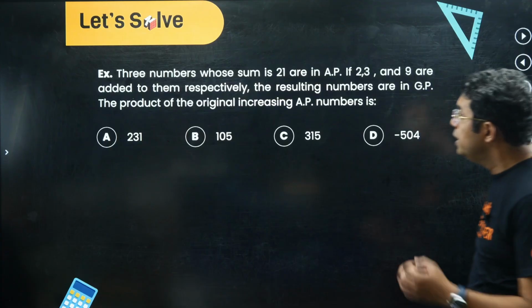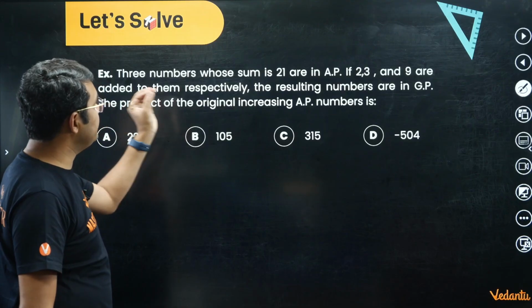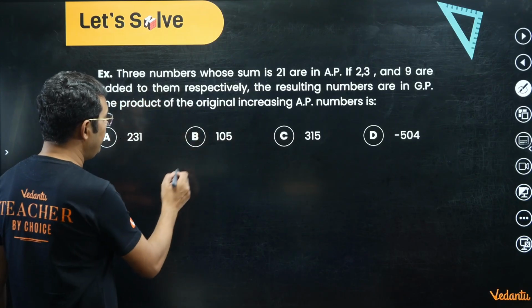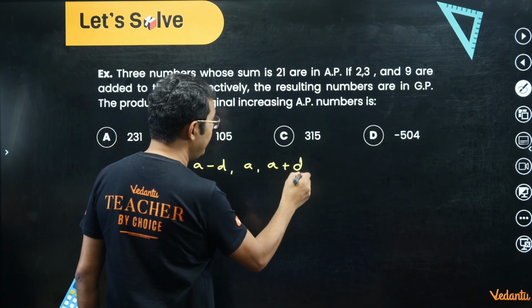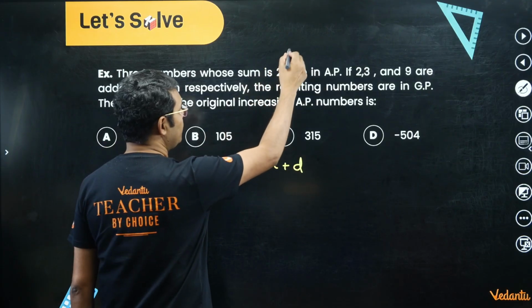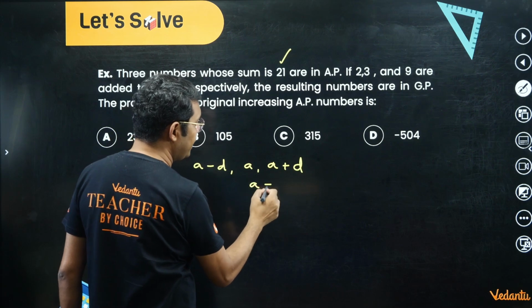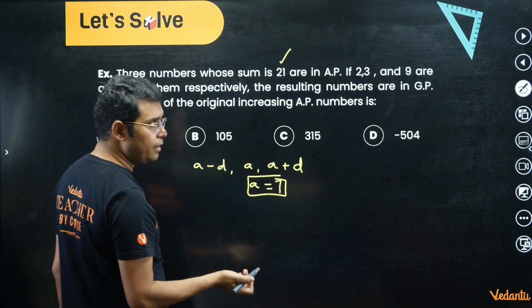Yeah, the next question. 3 numbers whose sum is 21 are in AP. Once again, sum is involved, 3 numbers are there. I will be taking them as a minus d, a and a plus d. In fact, by now you should be so fluent that if sum is 21, you should be able to write directly that a will be equal to 7, because 3a is 21, so a is 7.